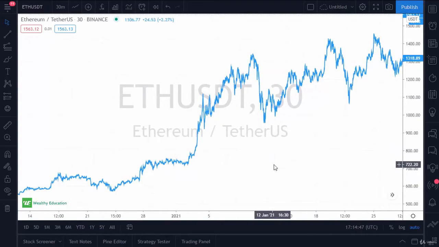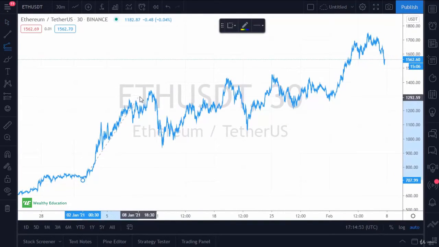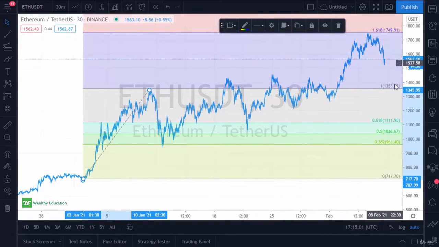The extensions, like I said, they give you an idea of where you could go. So like on this 30-minute chart of Ethereum, if you miss this trade, well, you can see that we pulled back and we hit 1.61 before pulling back from there.